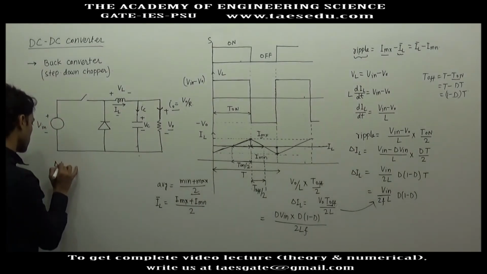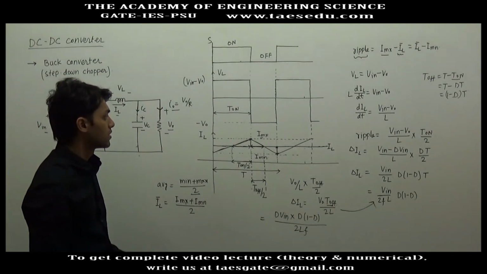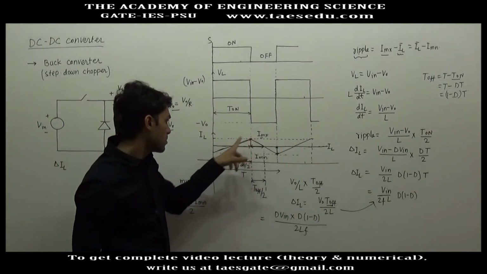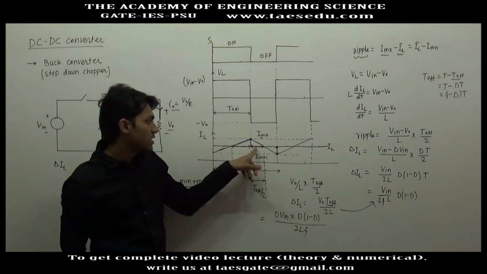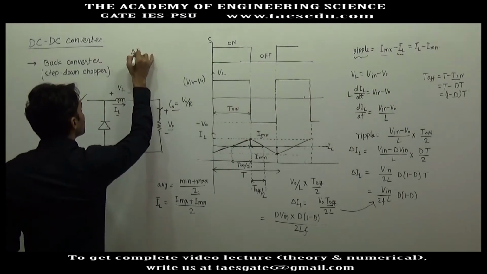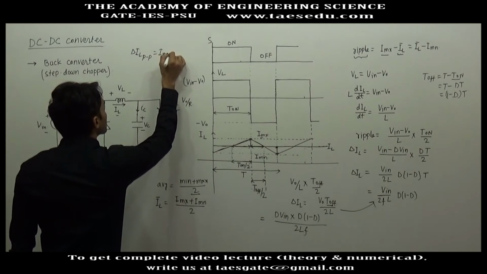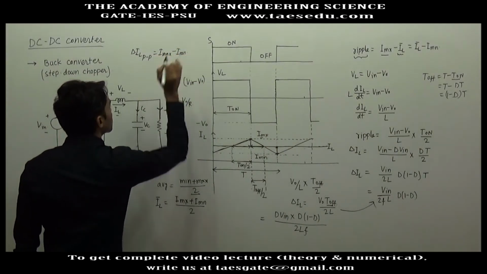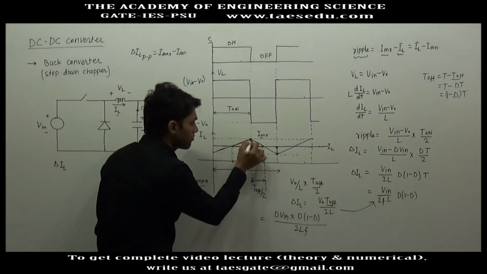There are two quantities. One is ripple, the variation of the minimum or maximum from the average, and the other quantity is peak to peak ripple. Peak to peak ripple will be the maximum current minus the minimum current, so peak to peak ripple will be double this ripple.